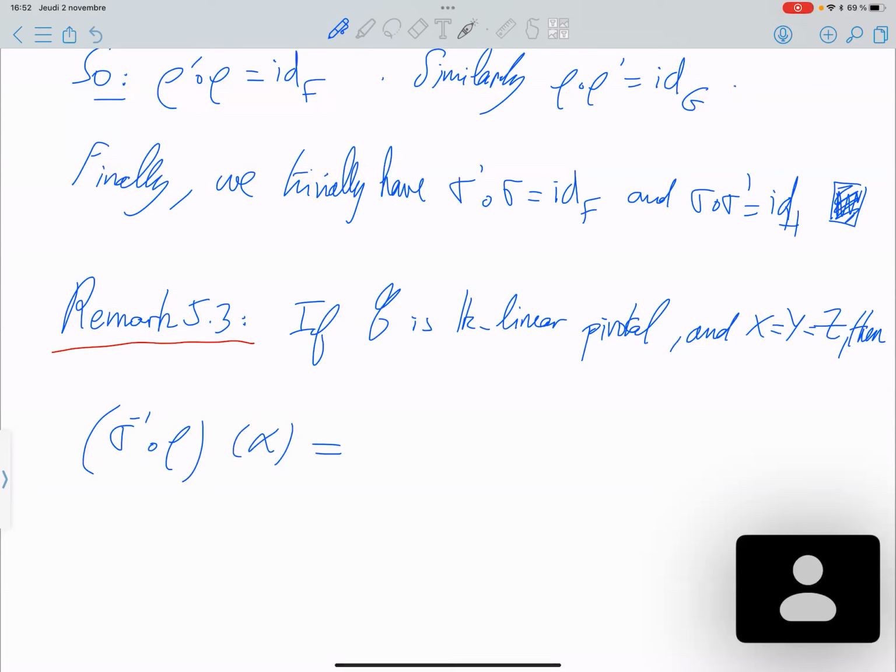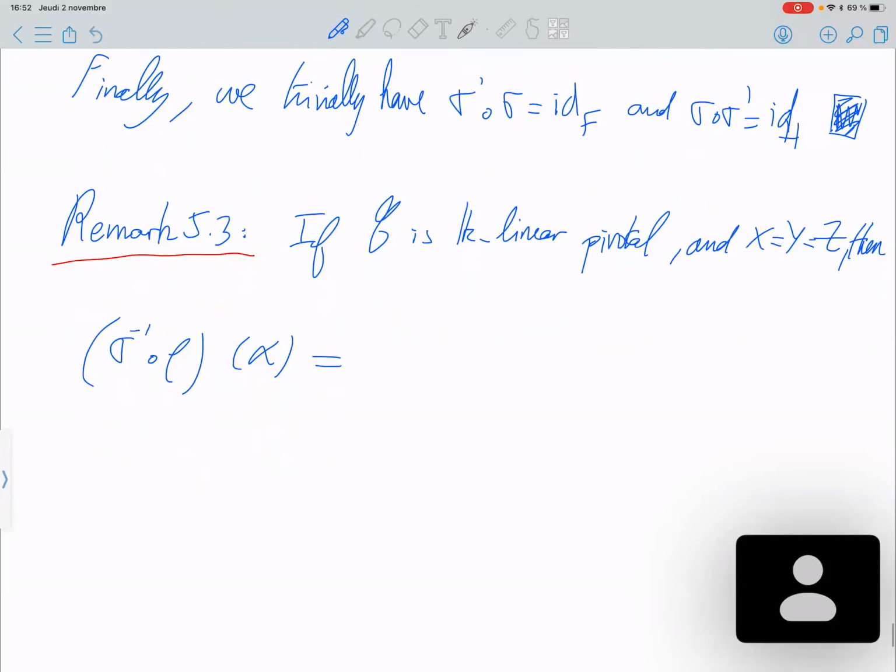So I realize that the notation is not very nice because rho and sigma are natural transformations and alpha is a morphism, but they are using Greek letters. So it may be confusing, but alpha and rho are not of the same nature.